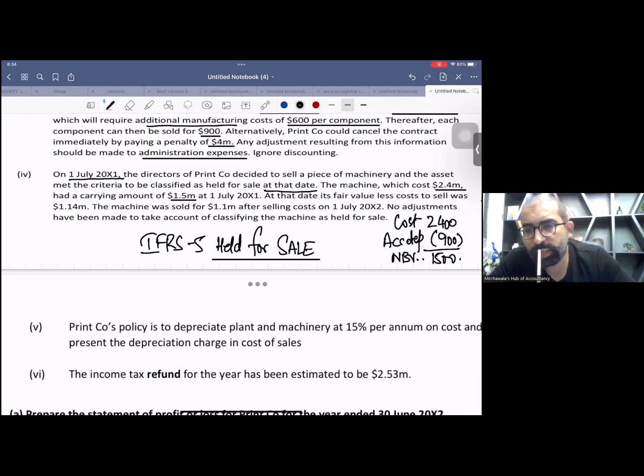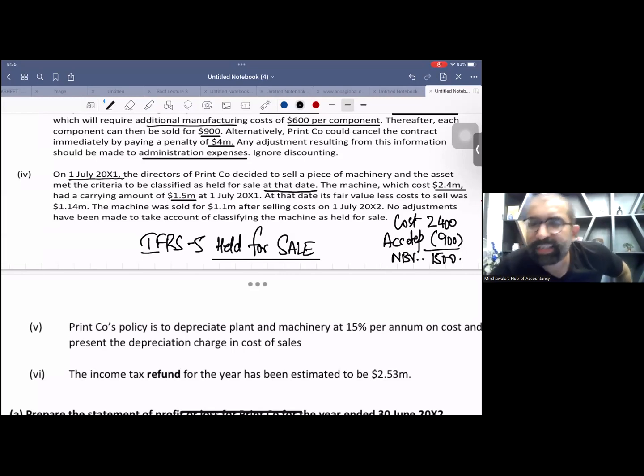NBV is 1500. Now you remember, whenever we go to IFRS 5 held for sale, there is no intention of usage. We have to sell it. That's it. One shot sell.